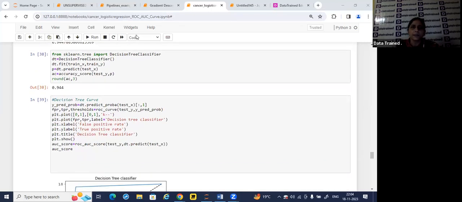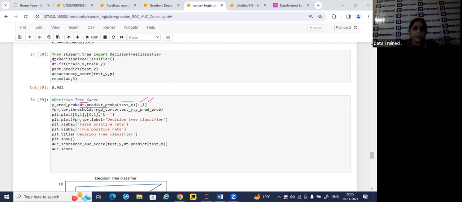So here you can see, I had used this dt.predict_proba function. Here I'm taking test X data, taking all the rows and predicting the probability of 1. Here dt is the decision tree.